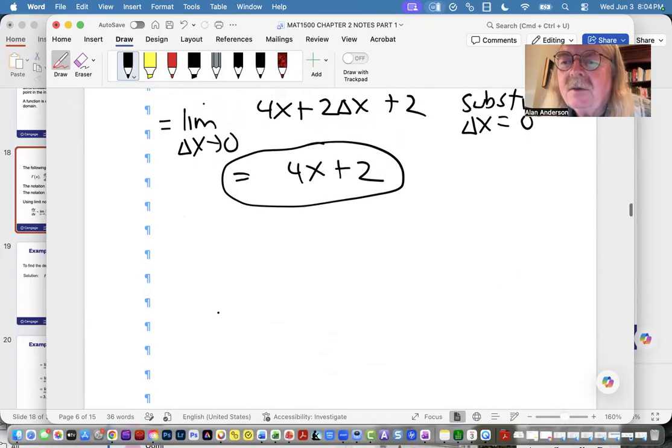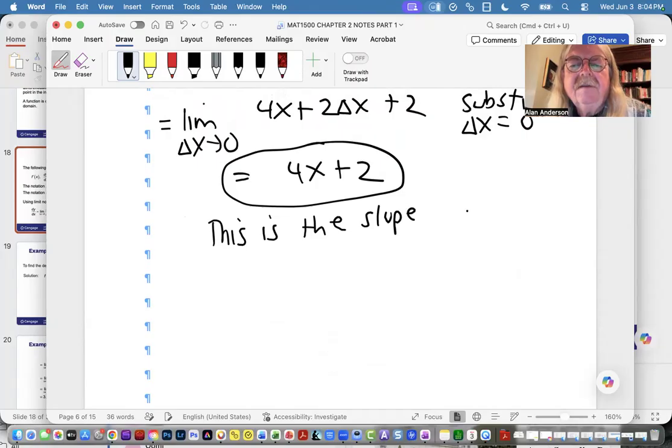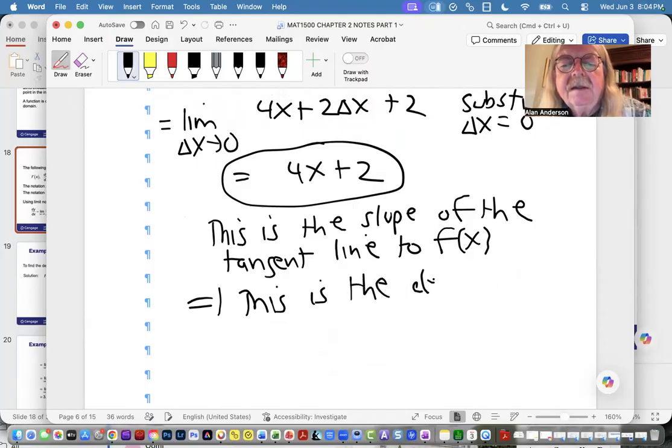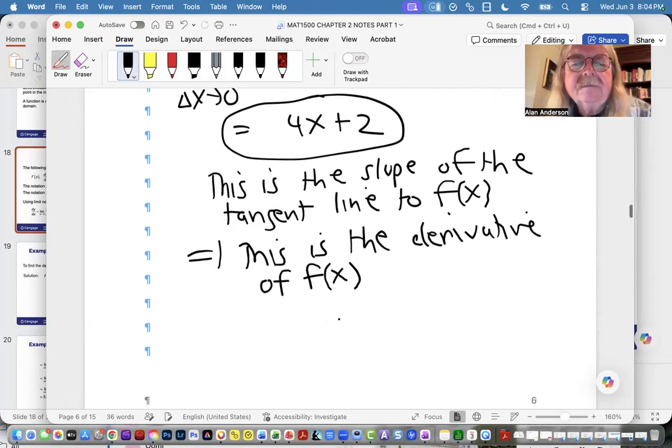Now, what exactly does it represent? This is the slope of the tangent line to this function, which in turn means this is the derivative of f of x, which means I can write it like this.